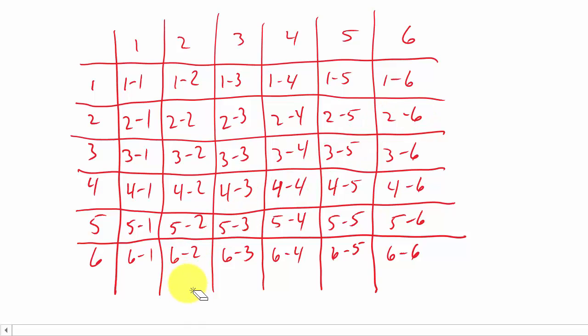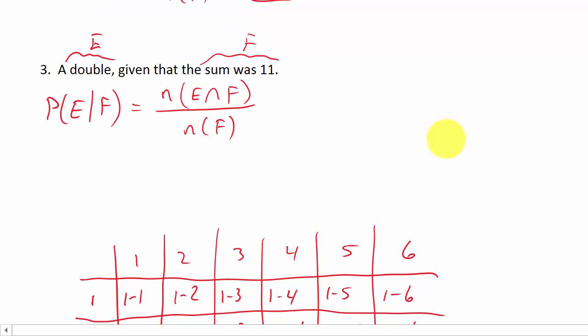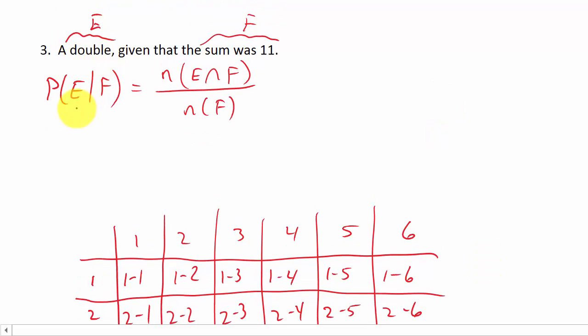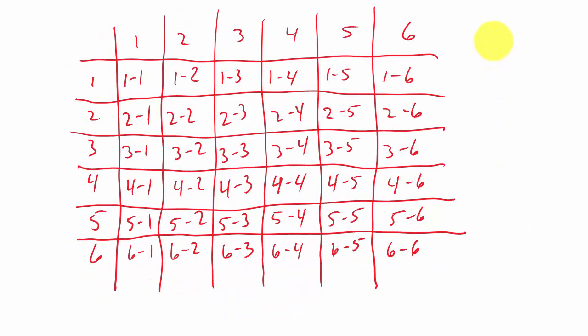Okay. All right, so the first one, a double, which is E. So here's a double.